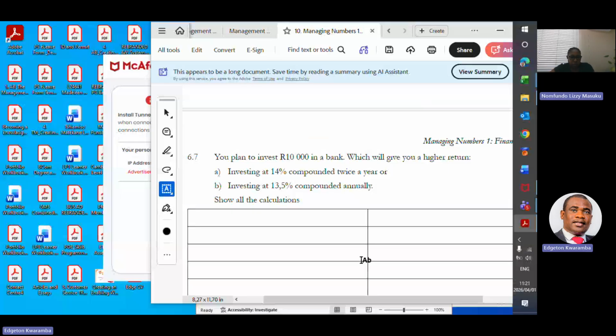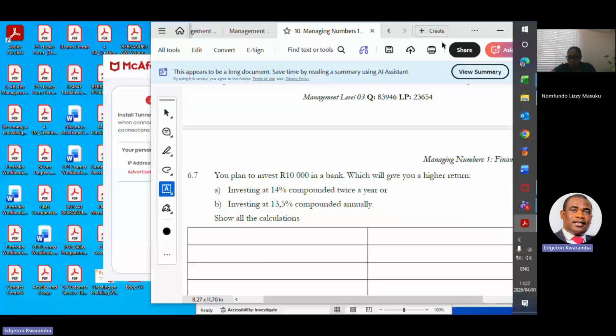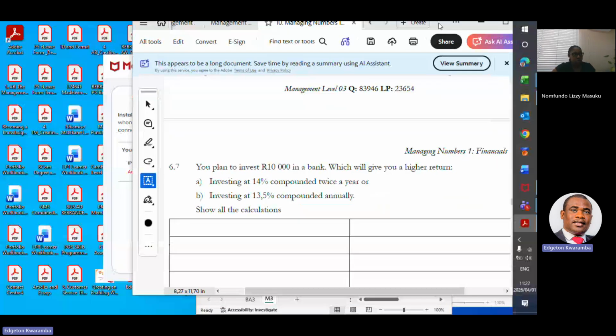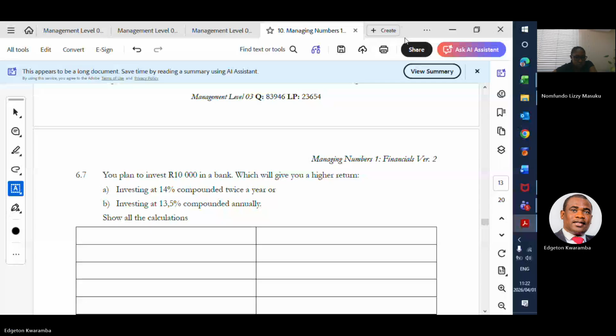I just want to explain a little bit. There was a time I bought furniture. I think the total amount for the furniture was 6,000 or so. They gave me an interest rate, and I was supposed to pay over 36 months.